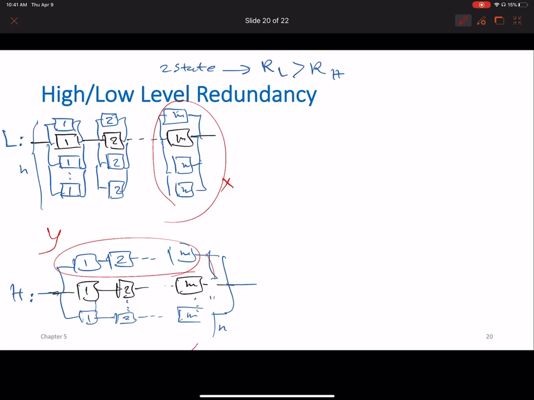Here you can see that these X's, X1 through XM, are in series, and here you can see that these Y's that are identical are in parallel.